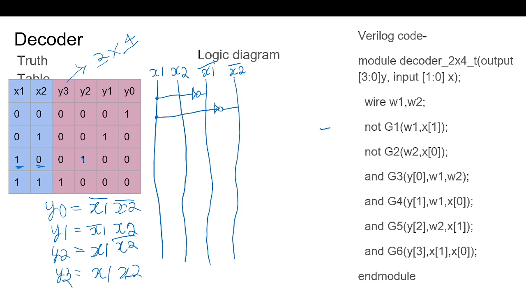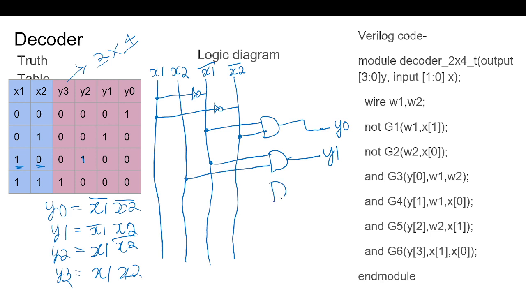My y0 is x1 bar and x2 bar. And my y1 is x1 bar, x2.